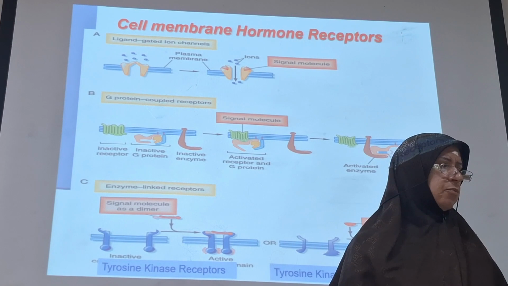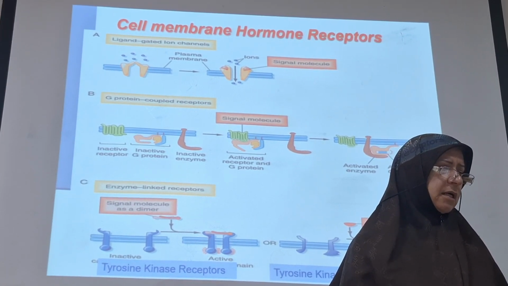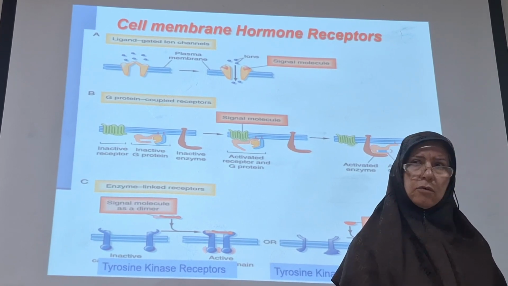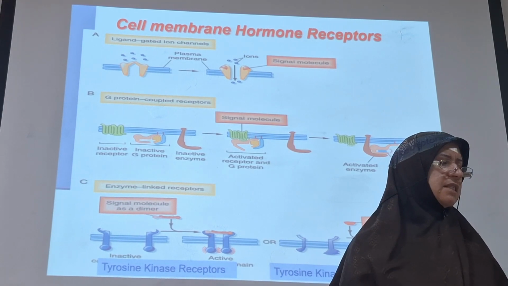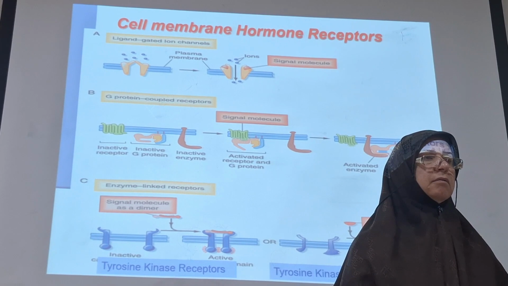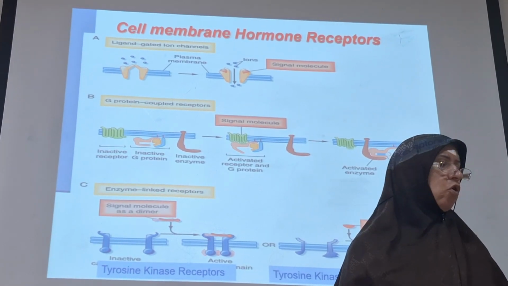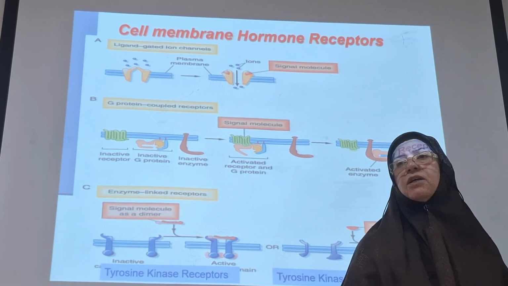The receptor has three parts: outside, in the membrane, and the inside domain. The inside domain of the receptor has enzyme activity, tyrosine kinase activity. When the hormone binds to its receptor, this domain is activated.